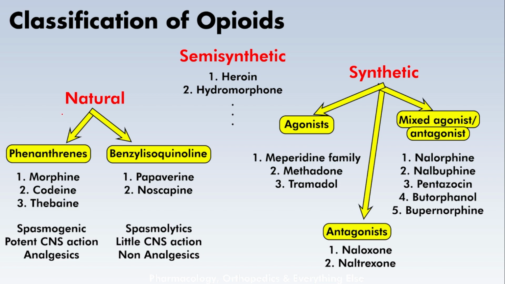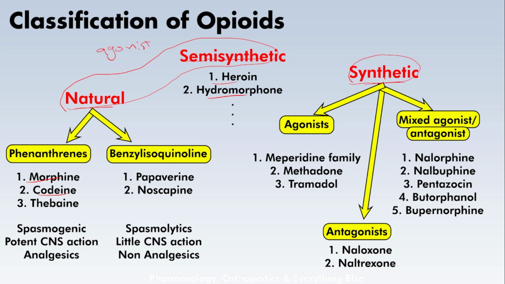Now let's talk about where buprenorphine sits in relation to other opioids. Regarding opioids, we have the natural, the semi-synthetic, and the synthetic opioids. Both the natural and the semi-synthetic opioids work as agonists on the opioid receptors. Examples are morphine and codeine for the natural, and heroin and hydromorphone for the semi-synthetic.